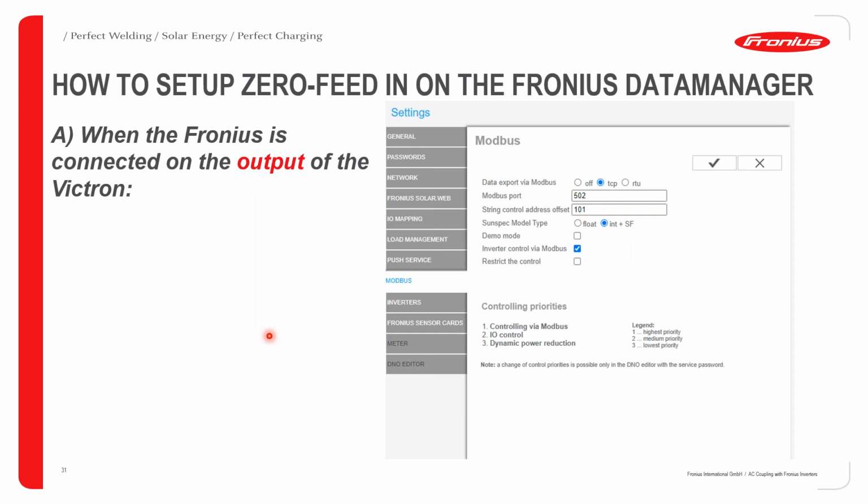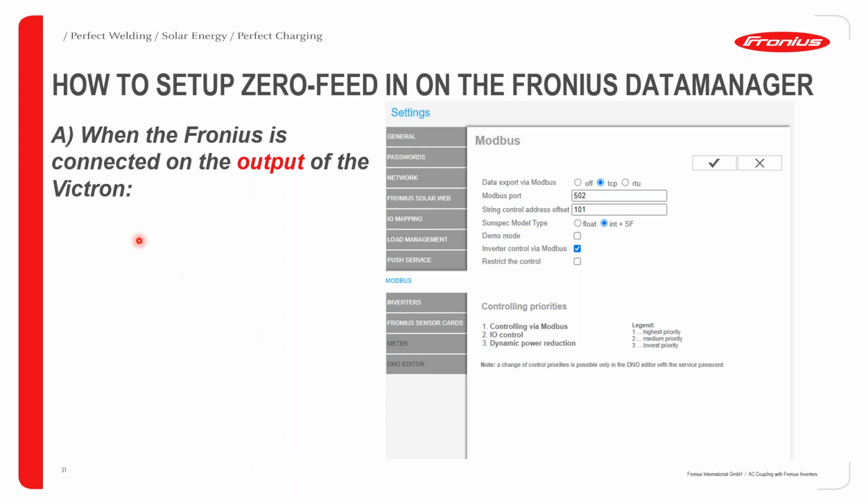If you recall from the previous slide, there are situations where the Fronius inverter will be connected to the AC in or the AC out. We also saw from the slide that David presented the implications of such connections. Continuing, we're going to look at the two scenarios and how zero feeding can be set up.